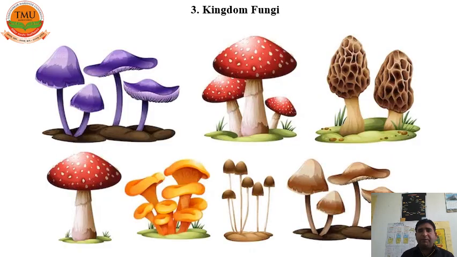The next kingdom is fungi. We are all aware of these types of structures. These are known as fungi, and these are fruiting bodies of some higher fungi: mushrooms. These can be found in dark, decomposing places and some wet places.